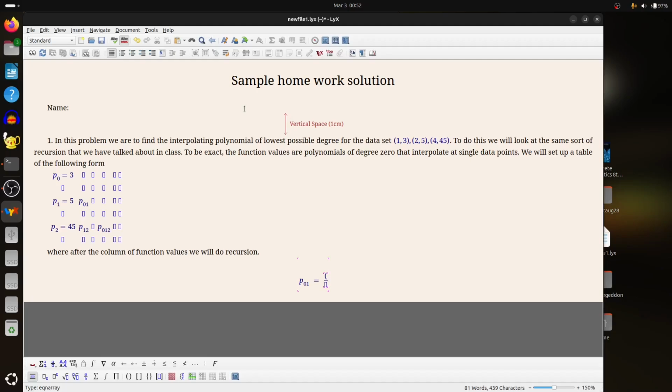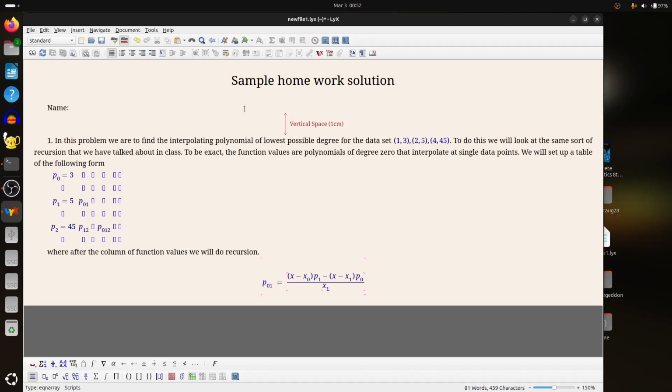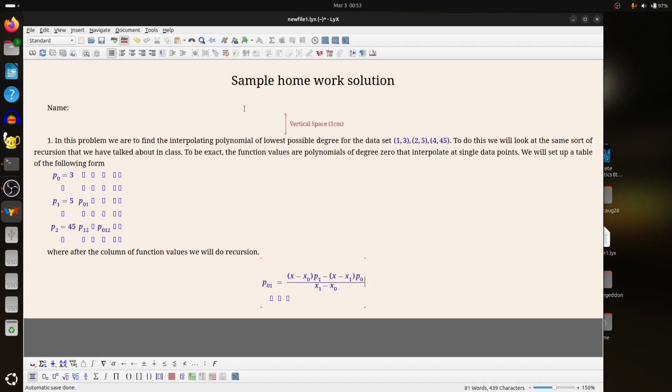It's going to be x minus x0 P1 minus x minus x1 P0 divided by x1 minus x0. Control Enter gives me another line.